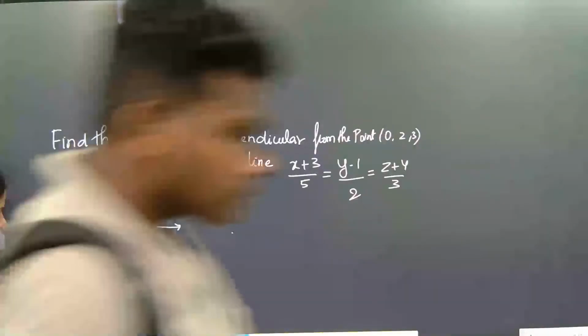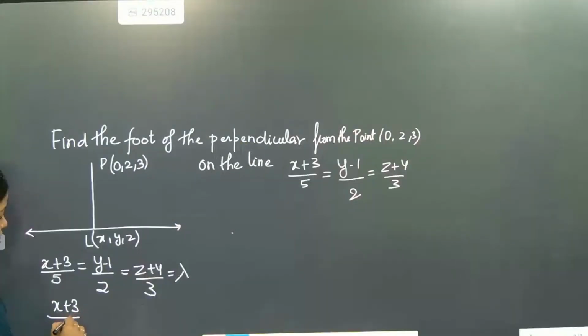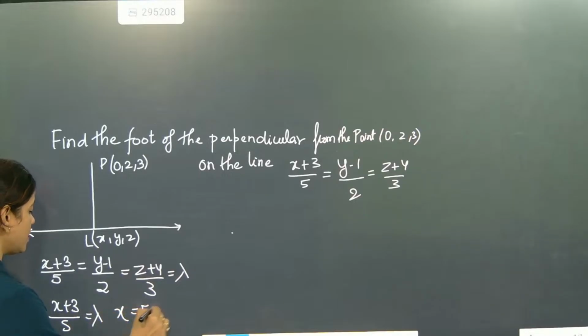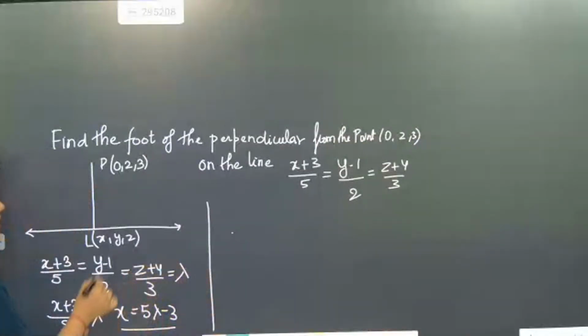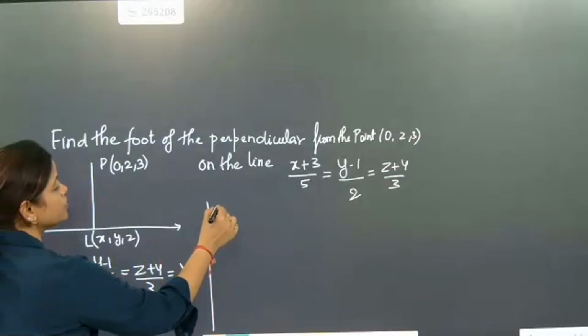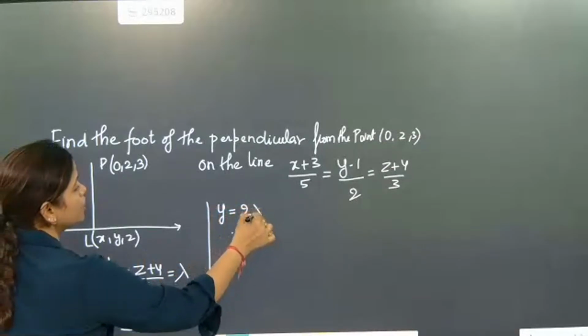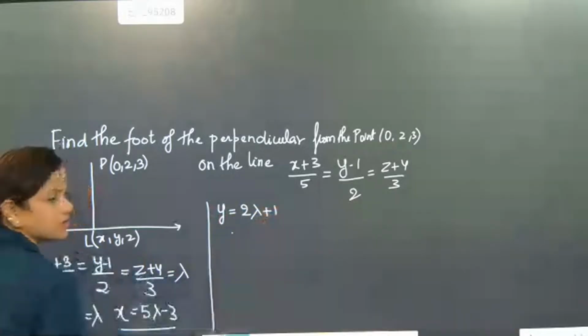So here (x plus 3) by 5 is equal to lambda. Then x is equal to 5 lambda minus 3. Now we find the value of y. So y will be equal to 2 lambda plus 1.